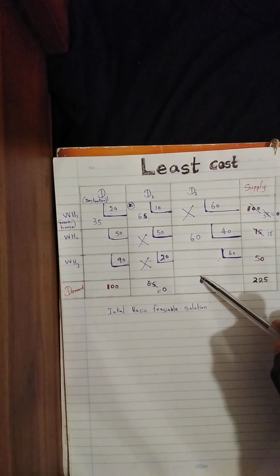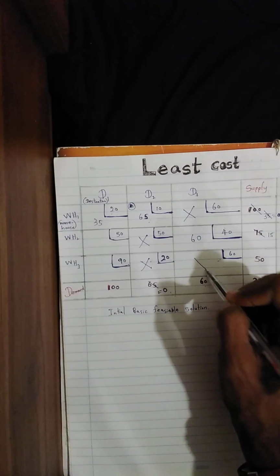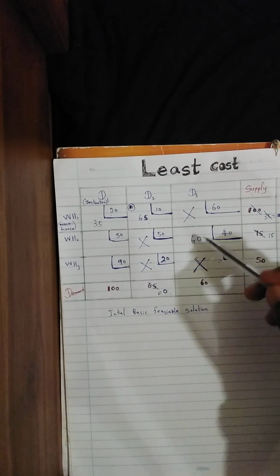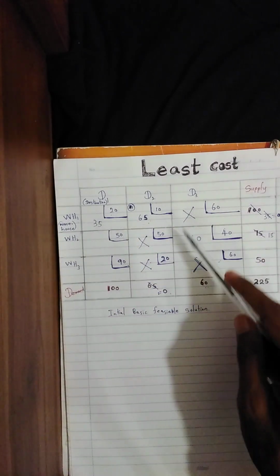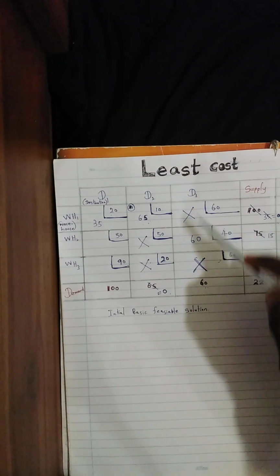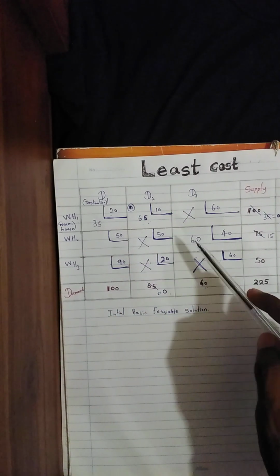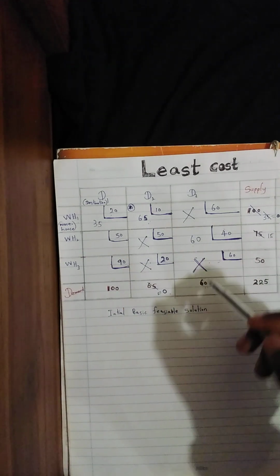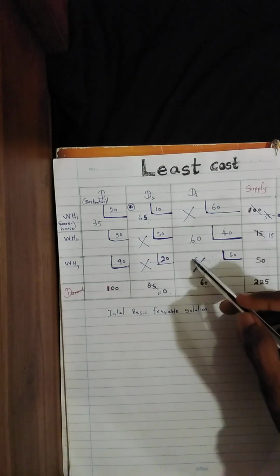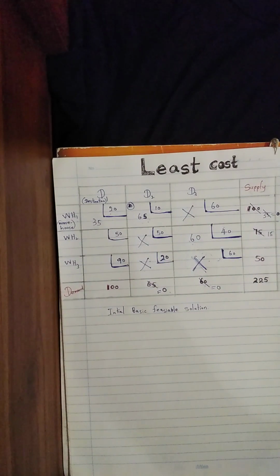This 60 was provided by warehouse 2, so that demand is already fulfilled. Therefore we don't want any products from any warehouse, so I cross this cell. This 60 becomes 0.